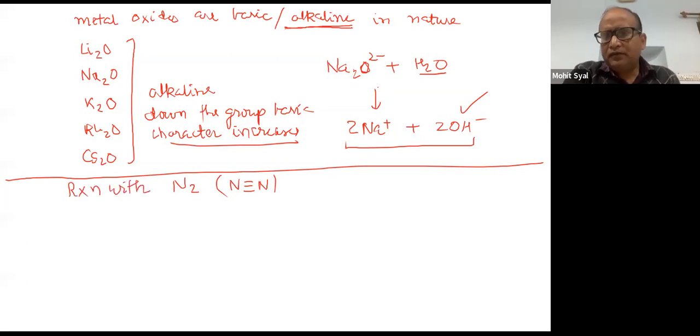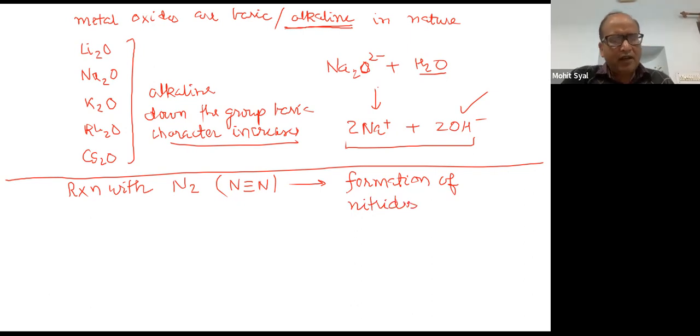Reaction with N2 leads to the formation of nitrides. Like oxide, where oxygen had 8 electrons and you added 2 more to form the oxide ion, similarly nitrogen has atomic number 7, and to make it 10 you have to add 3 more electrons, right? So it will form nitride.